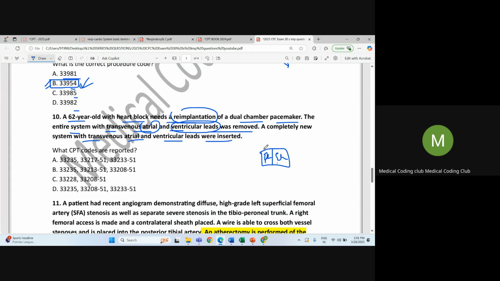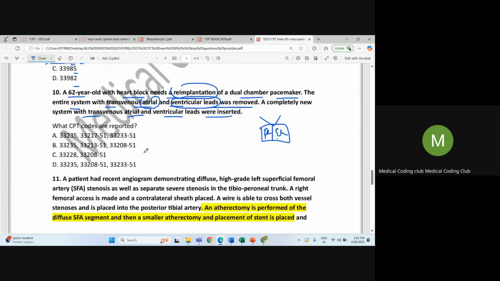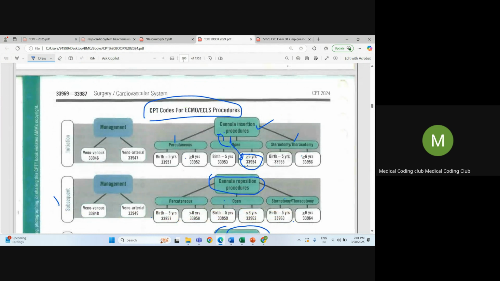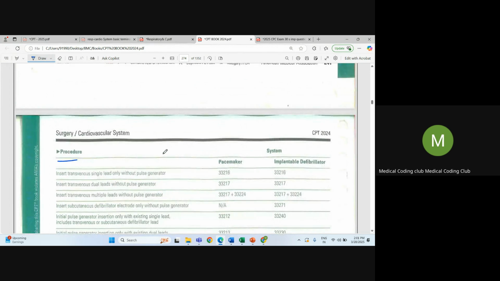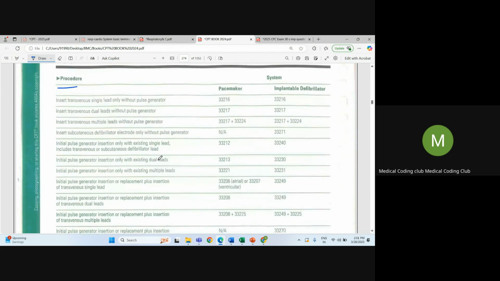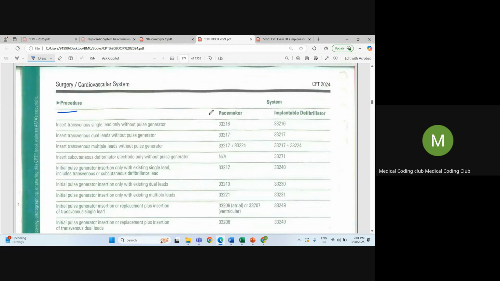In our question, they removed the complete system itself. Whenever you are referring to a pacemaker, you can come to the pacemaker simplified table. So here is the table where you can get the simplified description of pacemaker and defibrillator.